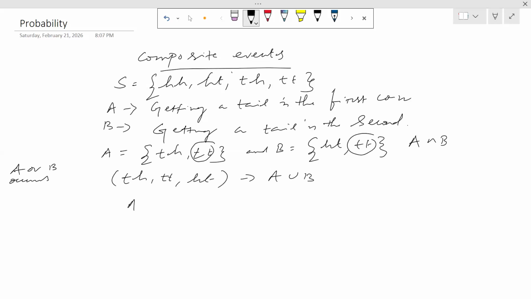So A and B is A intersection B, A or B is equal to A union B. Okay.